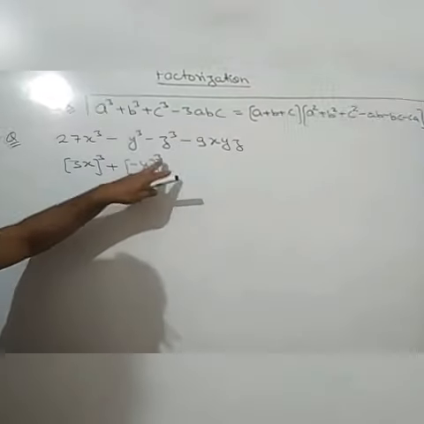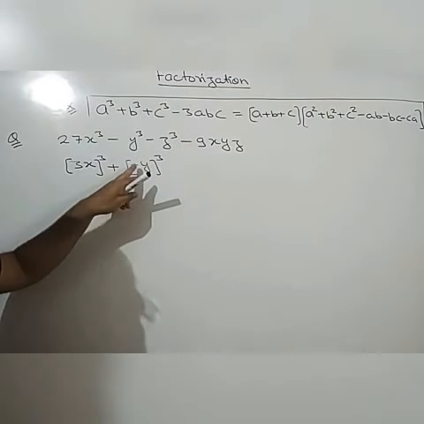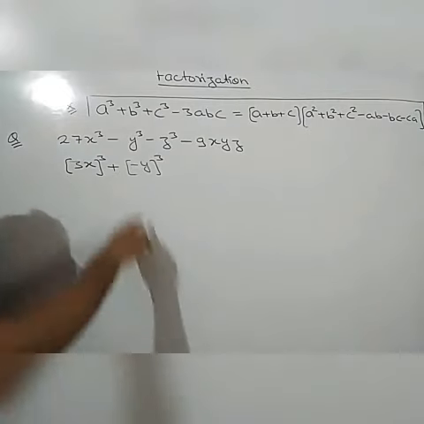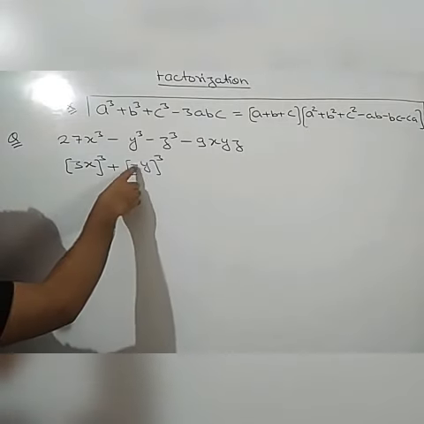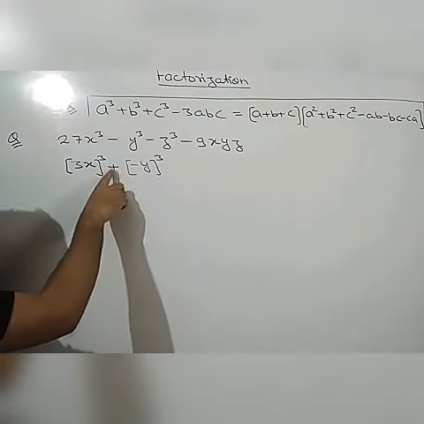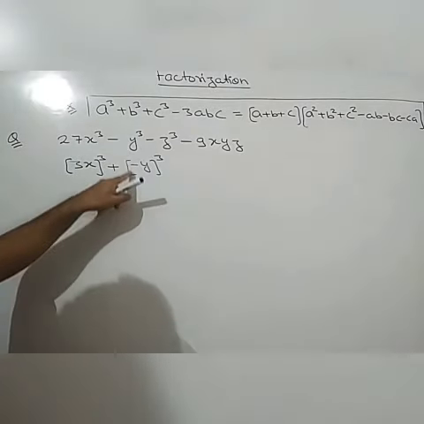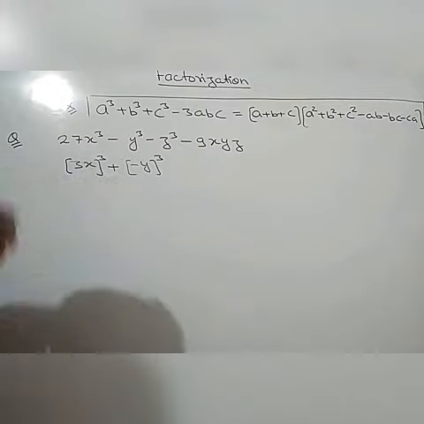It is a cube, that is odd, and the base is negative, so it will be minus y cube, and when this bracket is opened, this plus and minus will convert to minus.